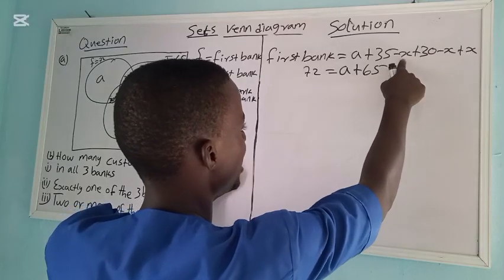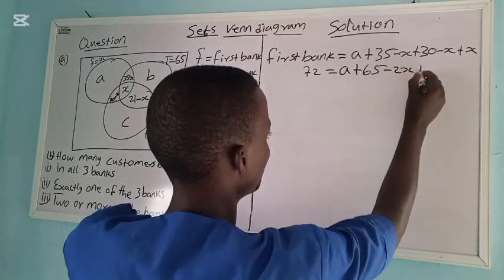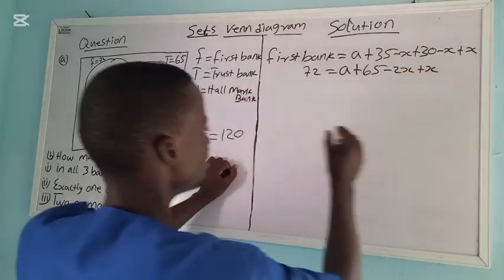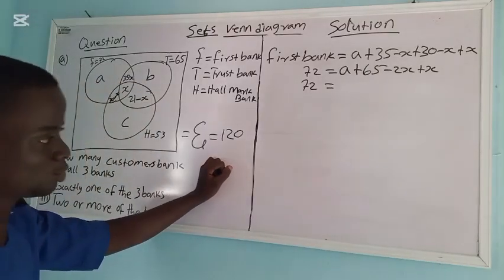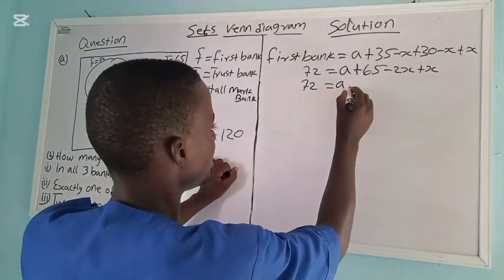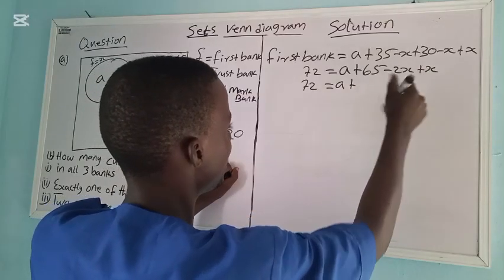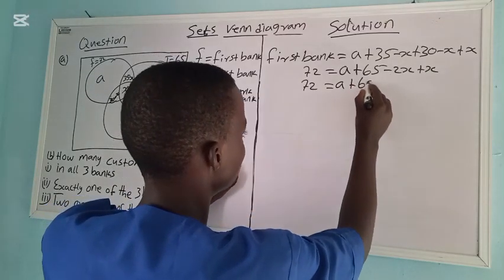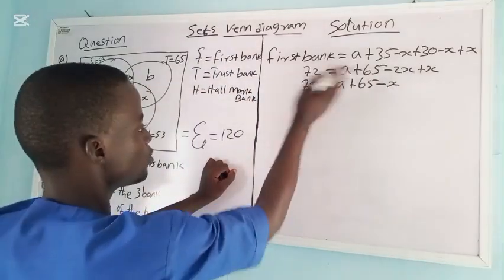Then minus x, we have minus 2x plus x. So we now have 72 equals, are you getting it? We have A plus minus 2x plus x, which will now be 65 minus x.